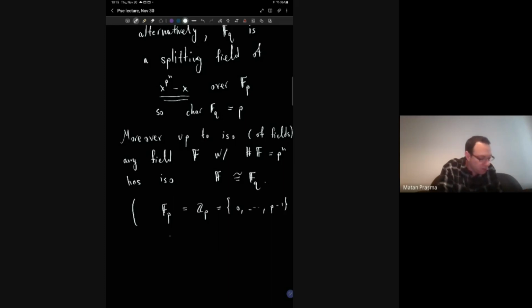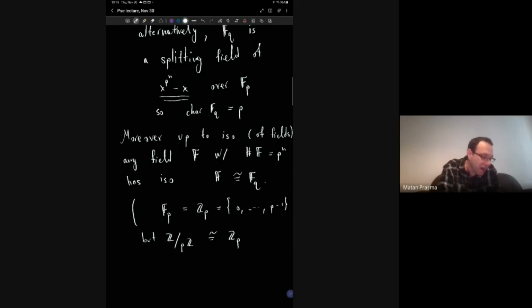I mean, we could also take the integers modulo the subgroup generated by all multiples of p. And this is isomorphic to Z_p.